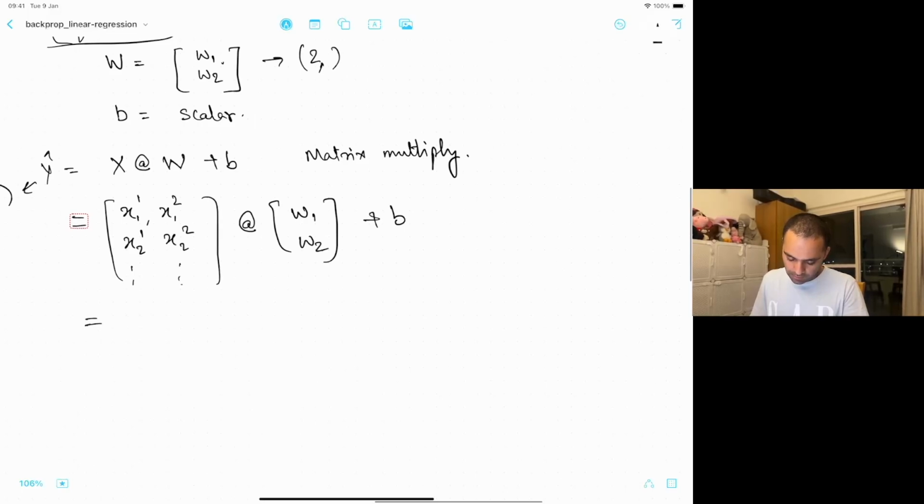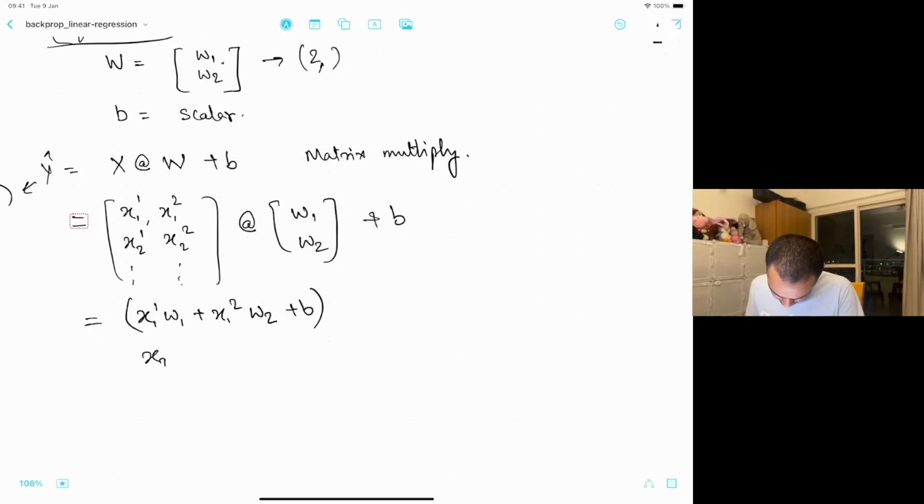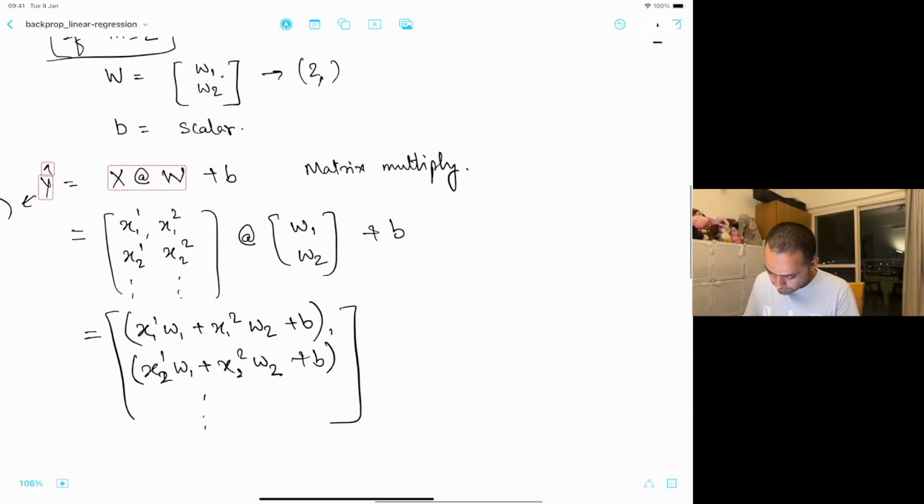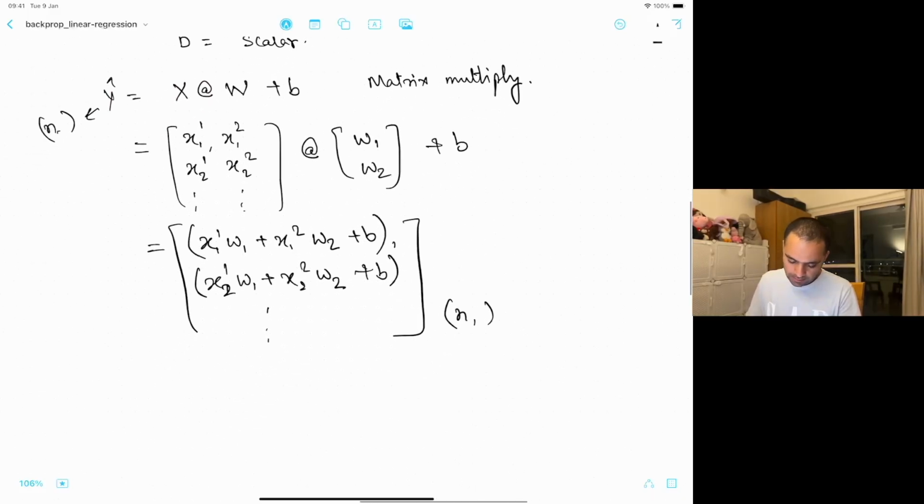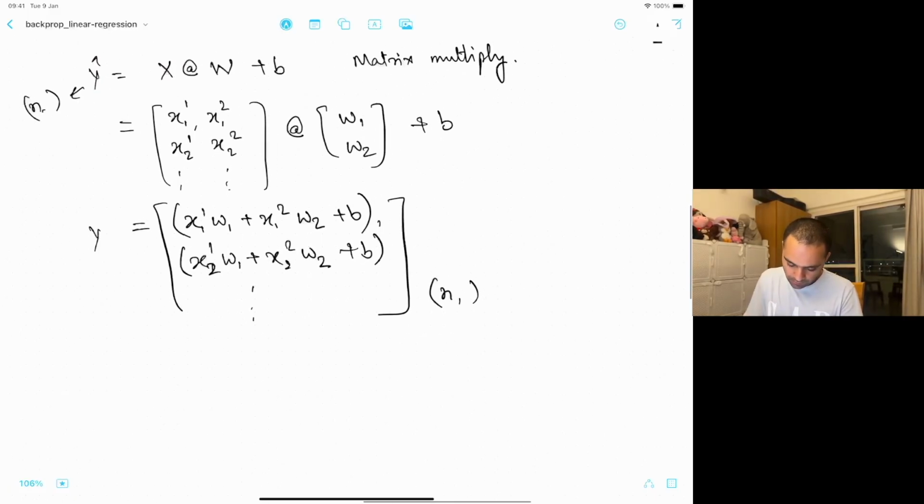So this will turn out to be x11 w1 plus x12 w2 plus b, which is the first term. Then x21 w1 plus x22 w2 plus b is the second term, and so on. So this becomes a vector of length n. Now this is our y hat.